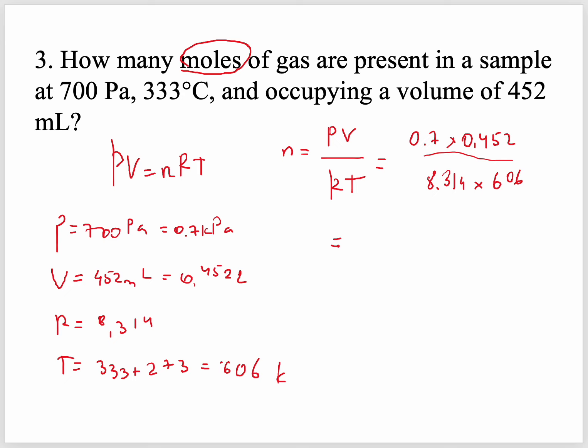Let's calculate, and again we get a very small number, about 6.25 times 10 to the power of minus 5 moles. So this is how we use the ideal gas equation.